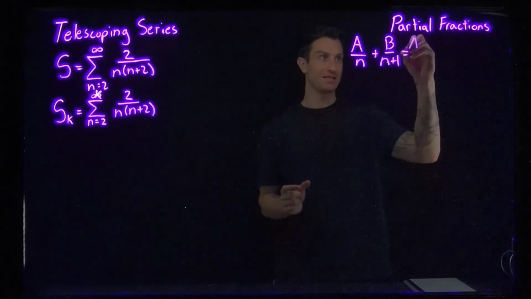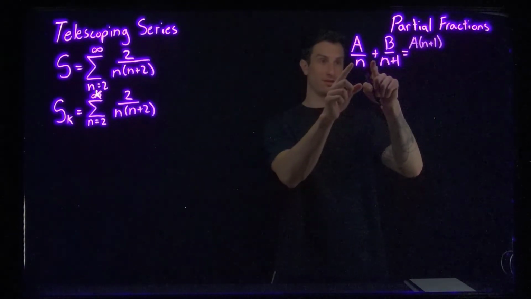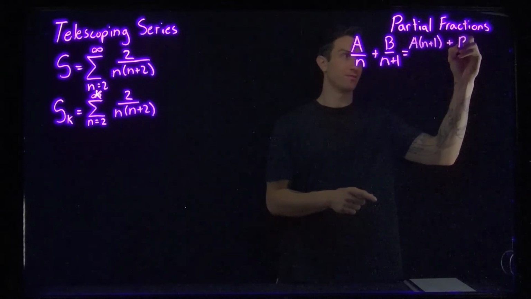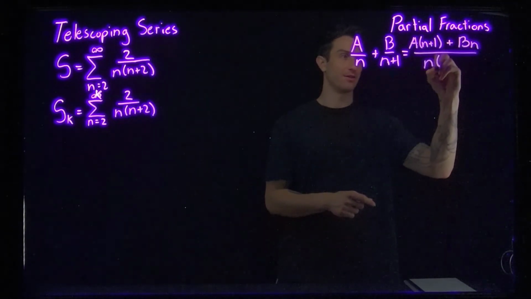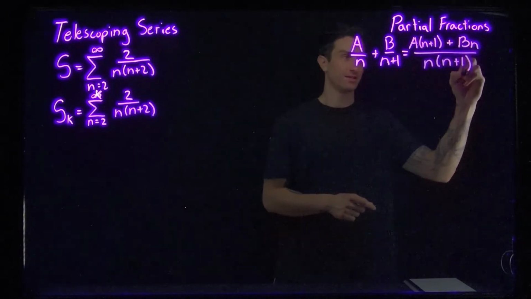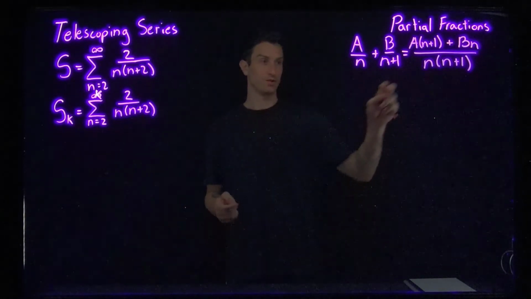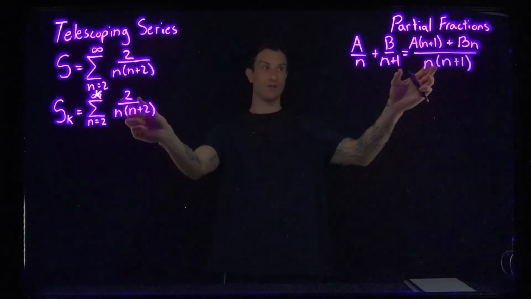So we'll have a times n plus 2, so now it's all over n times n plus 2, plus b times n. And now we can get this common denominator as such. So we've constructed the common denominator, and we also know what the numerator should be.